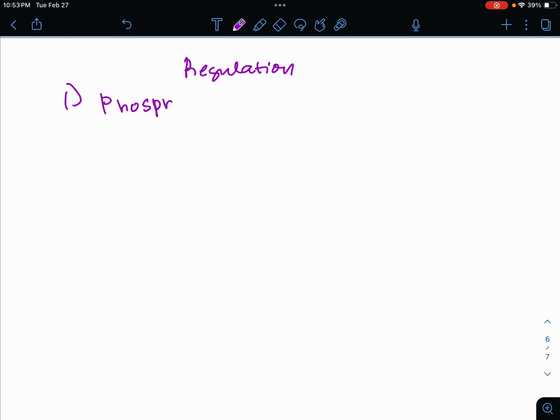Alright, when we phosphorylate it with ATP being present, this will make it inactive. So when the enzyme 1 dehydrogenase is phosphorylated, when ATP is present, that will make it inactive.